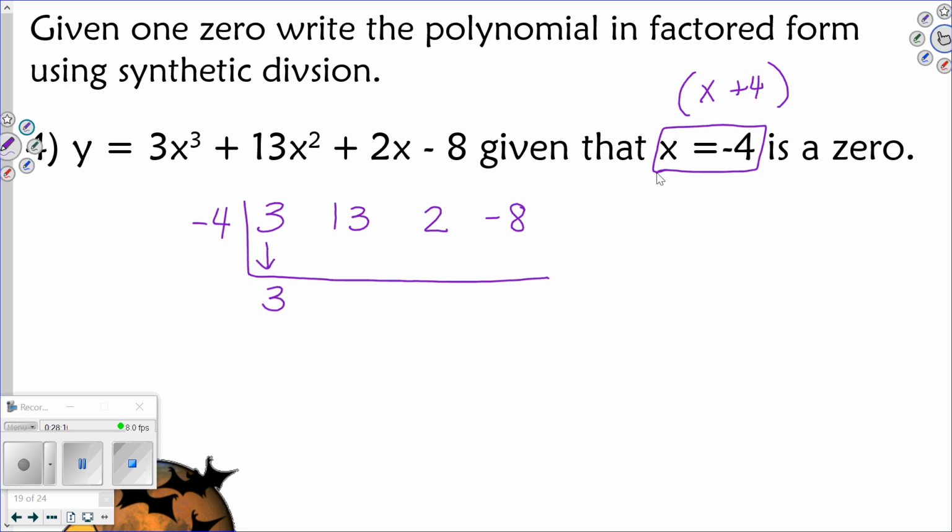Once you get really comfortable with it, see how fast you can go. All right, so there's your synthetic. This one started x cubed, so mine is x squared plus 1x minus 2, 0 for remainder.